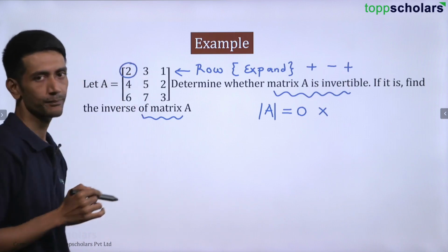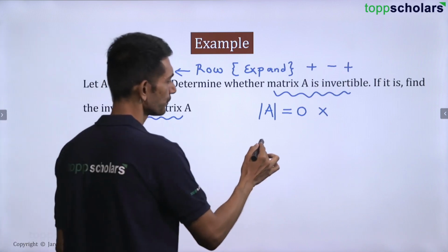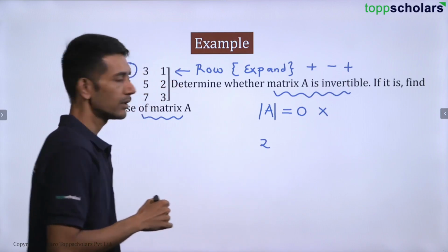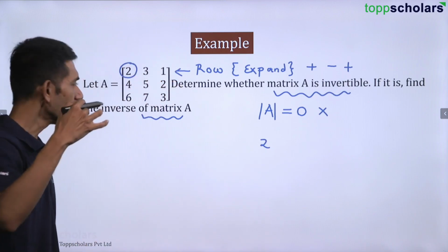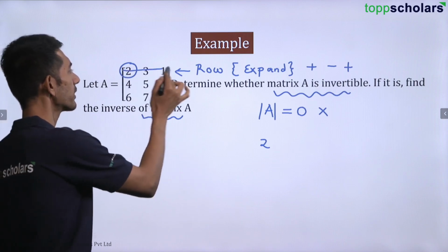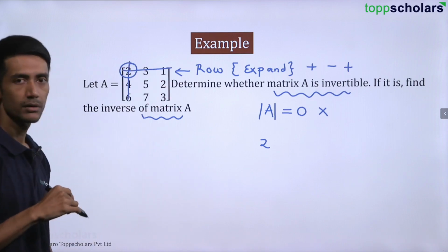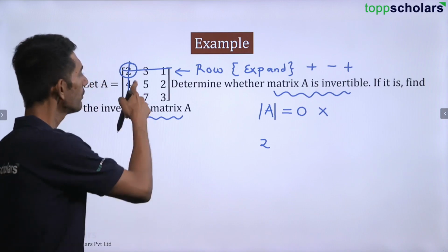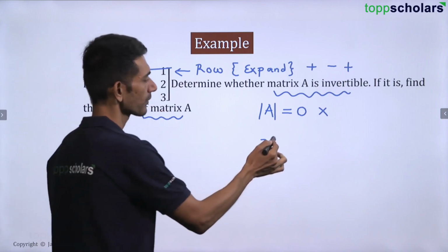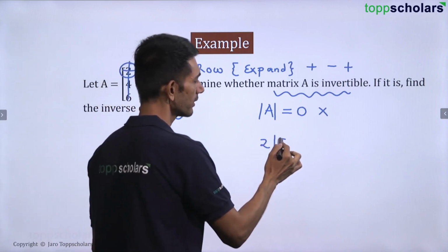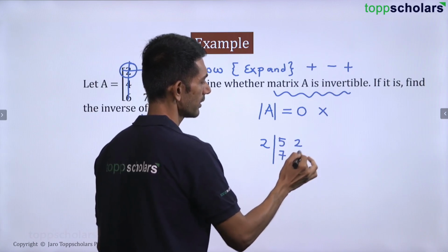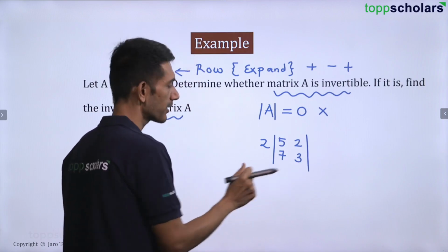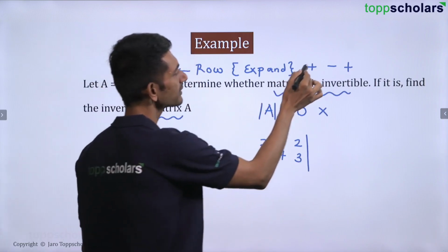Pick up 2. Now 2 belongs to first row, first column. Remove that row and column. What is remaining? 5, 2, 7, 3. Take the determinant of that. And you know how to solve this part. So this plus is done.